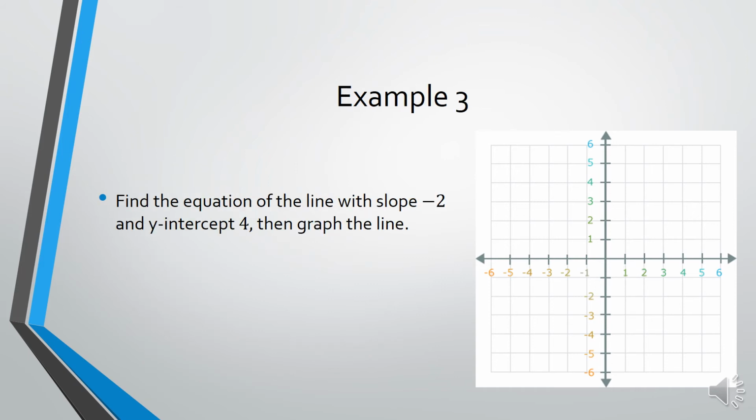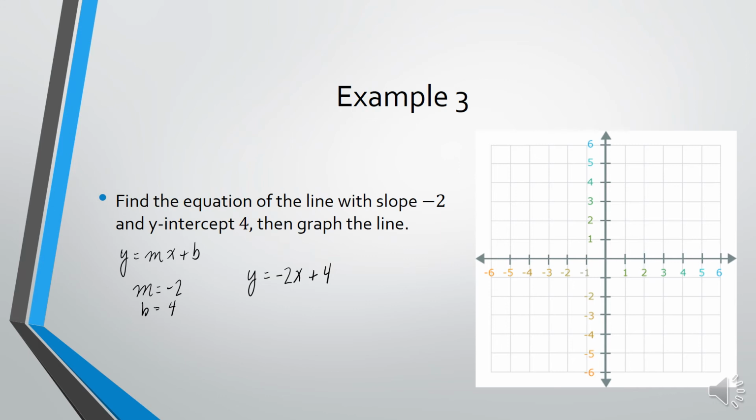Now let's find the equation of a line with slope -2, y-intercept 4, and let's go ahead and graph that. We're going to use our slope-intercept form, mx plus b. In the problem, it says the slope is -2, and the y-intercept is 4. So just plugging this in, I get y equals -2x plus 4.